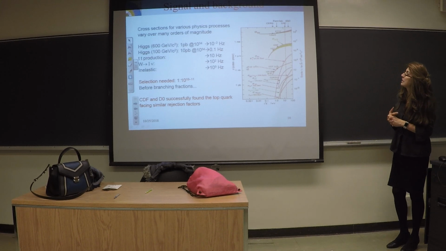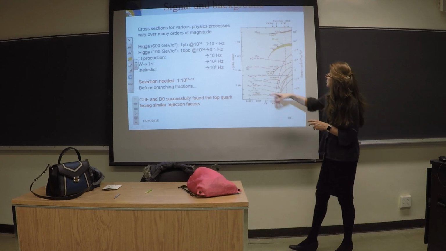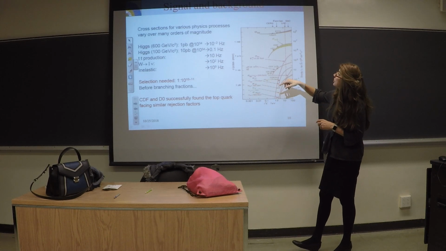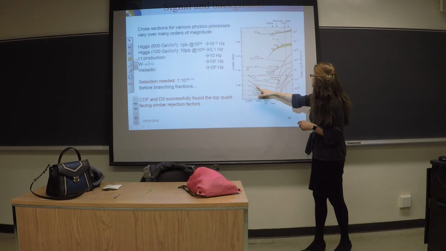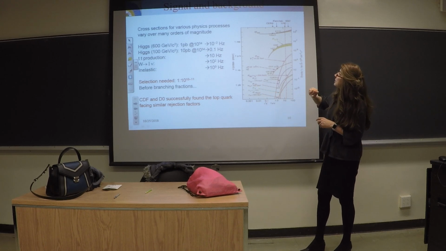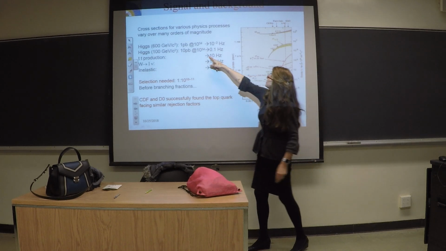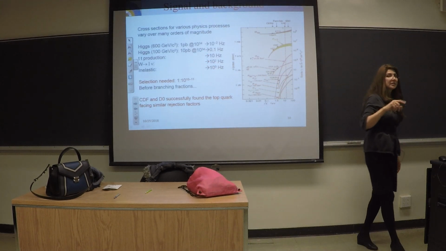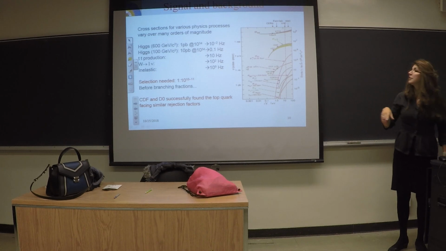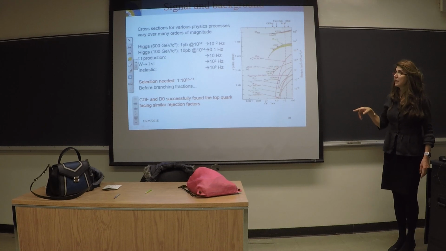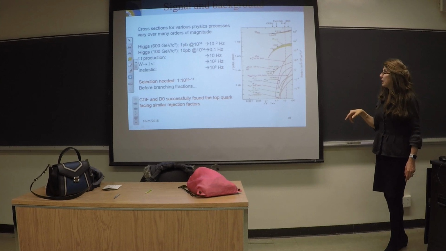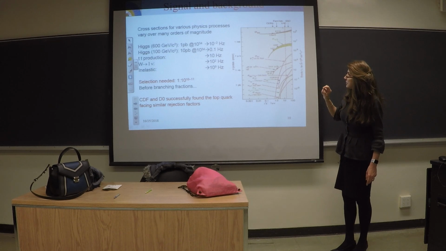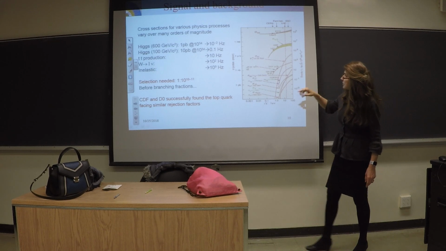So to produce a Higgs at 100 GeV, I need about 10 picobarn. And 10 picobarn or 1 picobarn for a 600 GeV Higgs means that if I have a luminosity, which is the interaction rate, of 10 to the 34 inverse centimeter squared inverse second, which means it's 10 to the 10 inverse picobarn... anyway, I want picobarn.